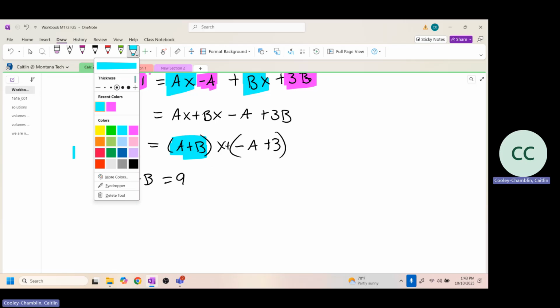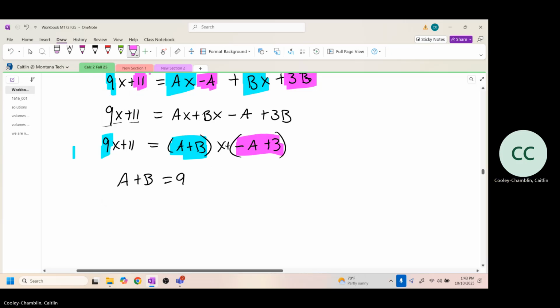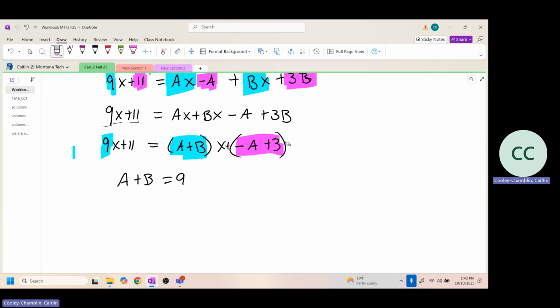And my non-x's, that is a b and, nope, that's a 3b. Sorry, guys. Plus 3b. There we go. So I get negative a plus 3b equals 11.